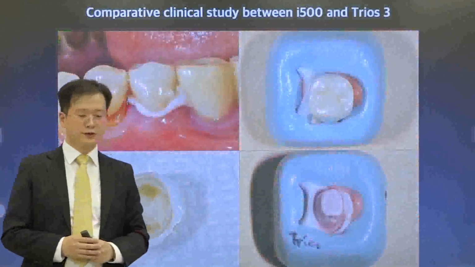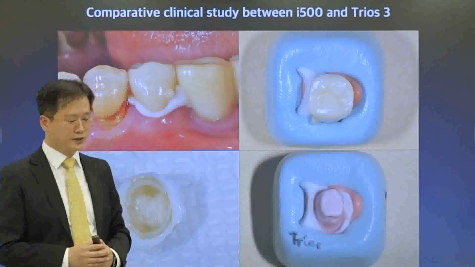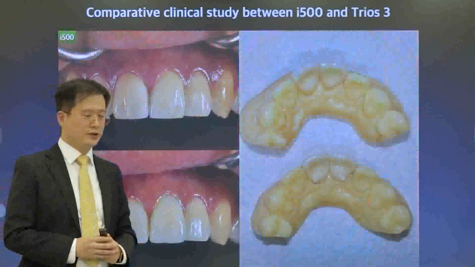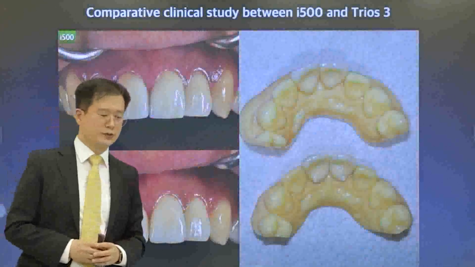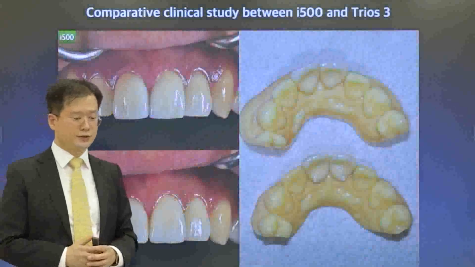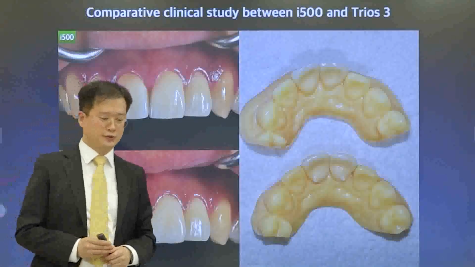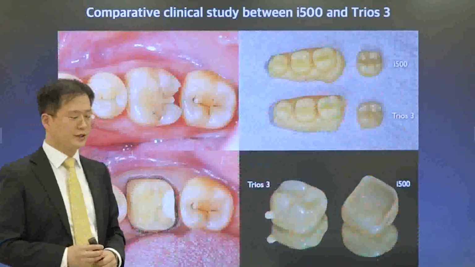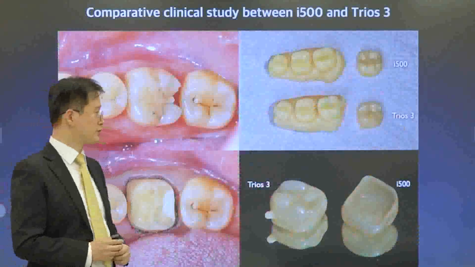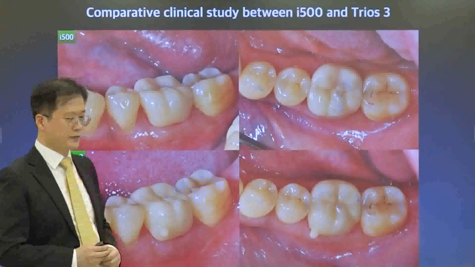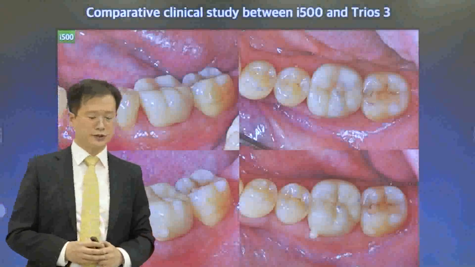Internal and marginal fit was evaluated through the replica technique as shown in this slide. The various cases of clinical encounters were studied, and the crowns of the two intraoral scanners could be evaluated one-to-one. I checked contact, margin, and occlusion for each group, and they were clinically acceptable with good occlusion and marginal integrity.